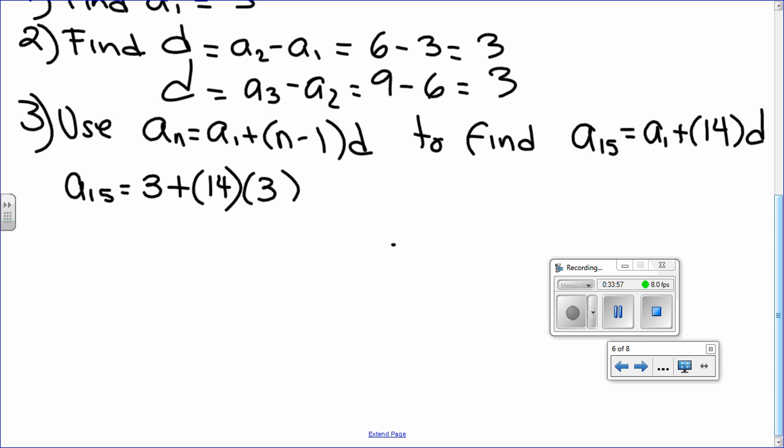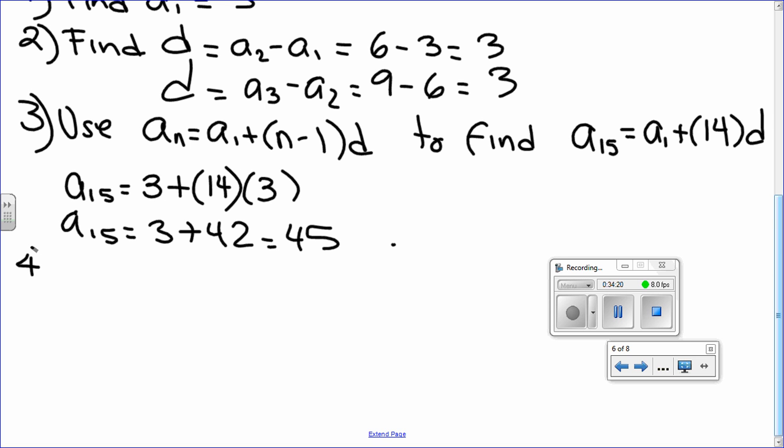Okay. So then we do that. So we're going to have 3 plus 42. So that is 45. Oh, that's an equal. 3 plus 42, so it is 45.